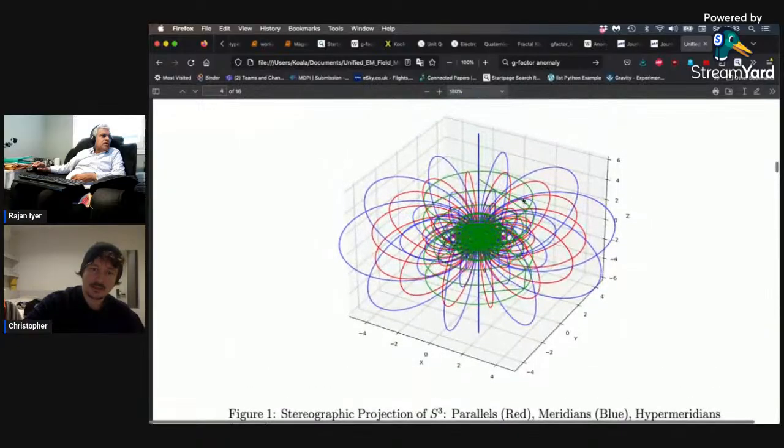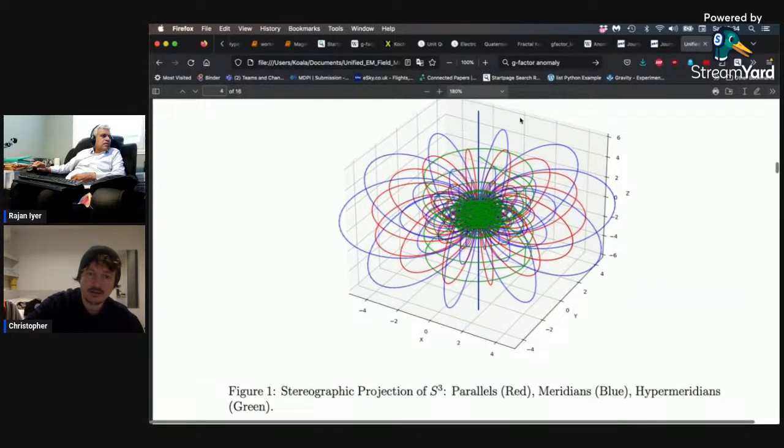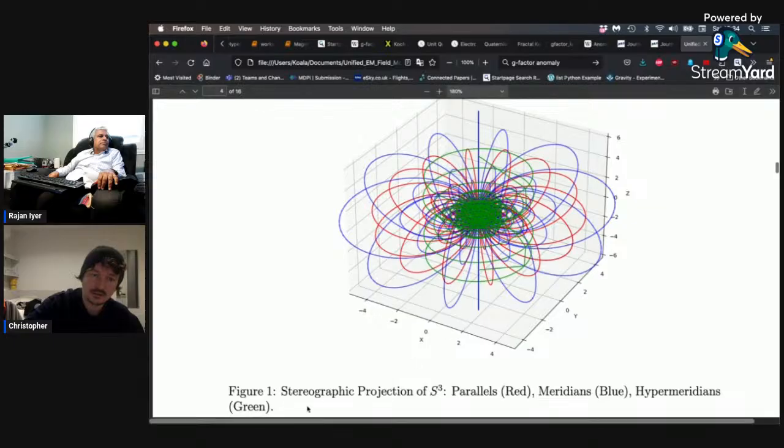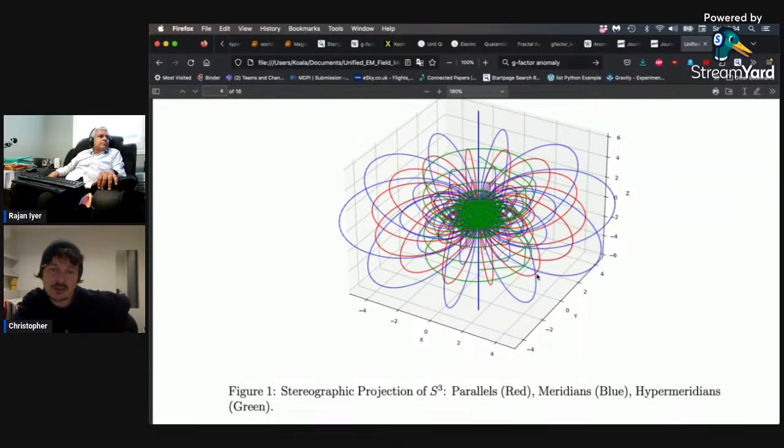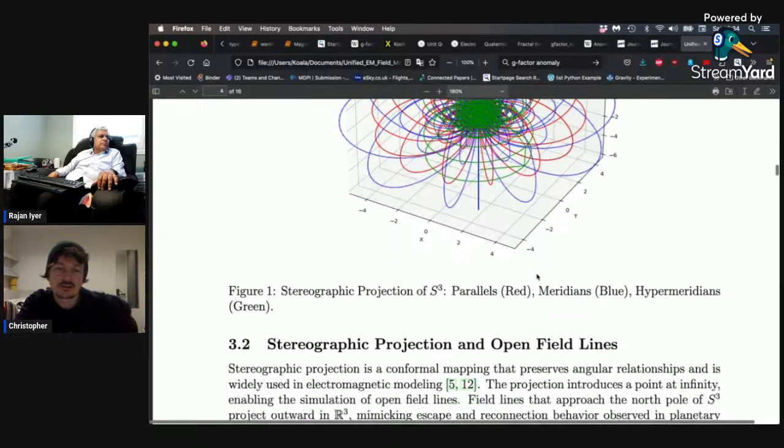So basically, the idea is to create the meridian, hypermeridians, and parallel lines on the hypersphere S3, and then stereographically project. So the meridian lines and parallels form the electromagnetic, or the magnetic field lines, with one going to infinity using a stereographic projection. And then the green hypermeridians are meant to be, in this model, electric currents.